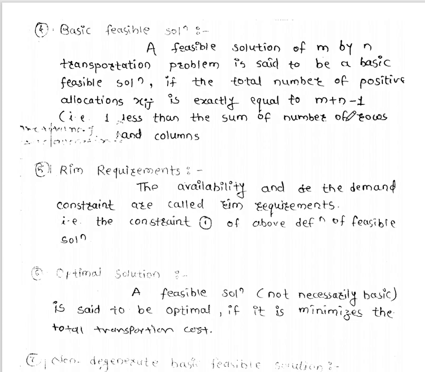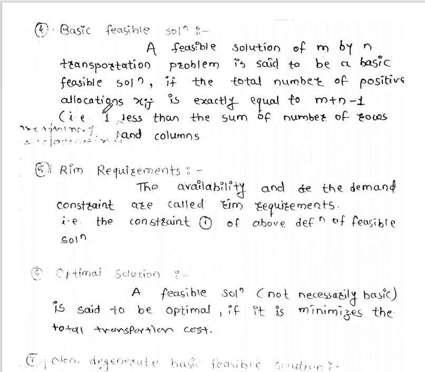Suppose there is an m by n transportation table. If the total number of positive allocations is exactly equal to m plus n minus 1, then we can say that the problem has a basic feasible solution.